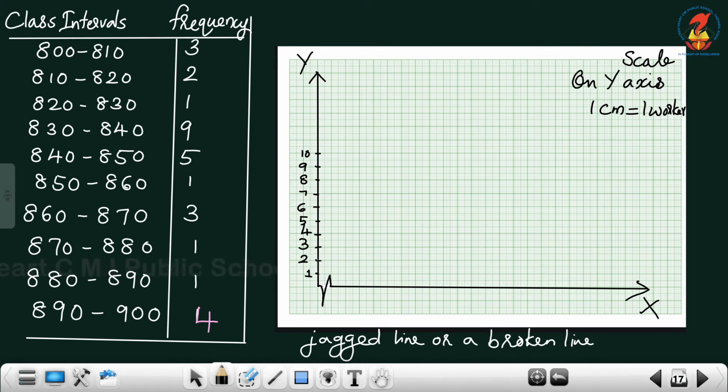Then after that you have to start marking the class intervals. The first point you can take as 800, the second one 810, the next point 820.